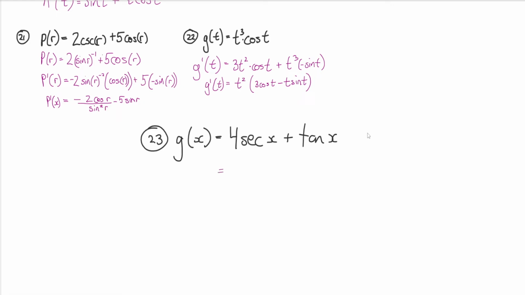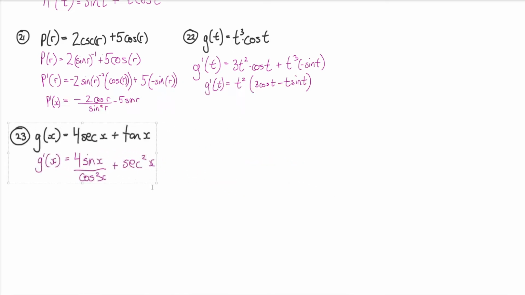We get 4, remember what it was, sine of that thing over the cos squared of that thing. And then plus, and remember this is secant squared when we take the derivative. Once we memorize the derivatives, it's pretty easy. So let's cruise through these trig ones.